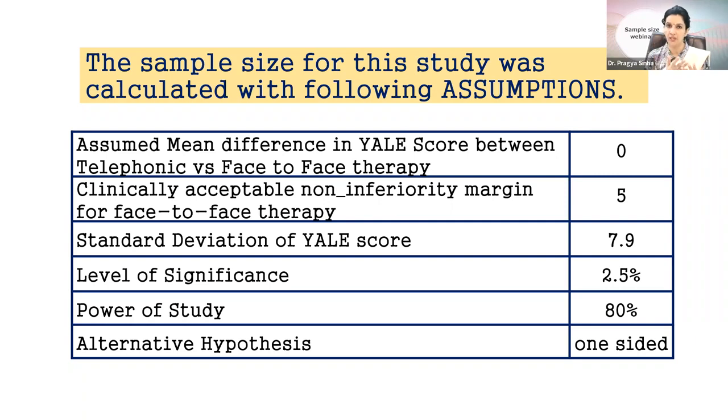We have checked many papers, and usually in all of them we have found that they keep this mean difference of the continuous variable at 0. And then this non-inferiority margin is 5, the standard deviation is 7.9, and this is 2.5. So the total is 62. Let me check again. I will also do it.